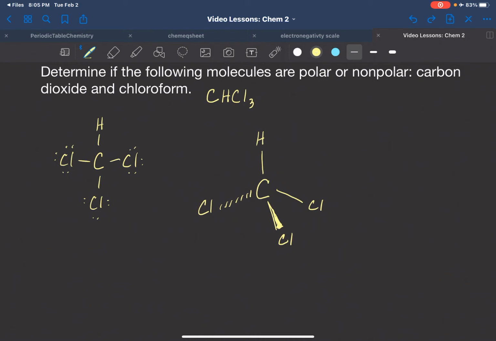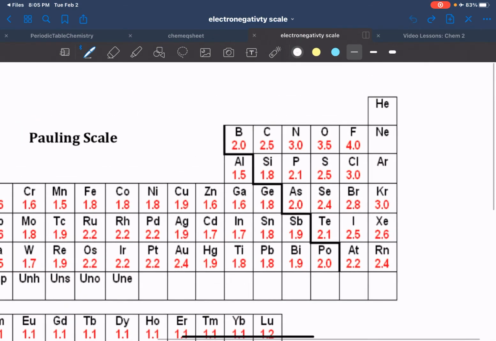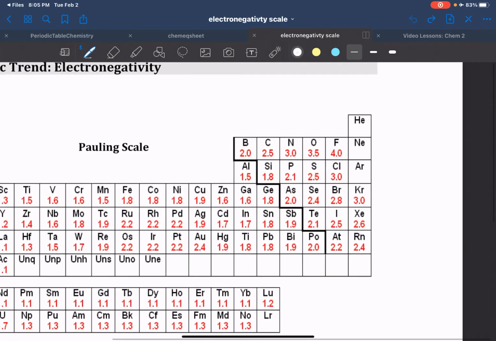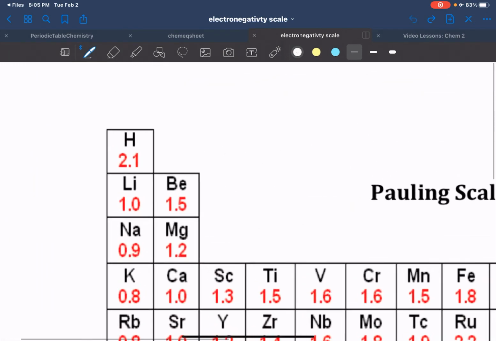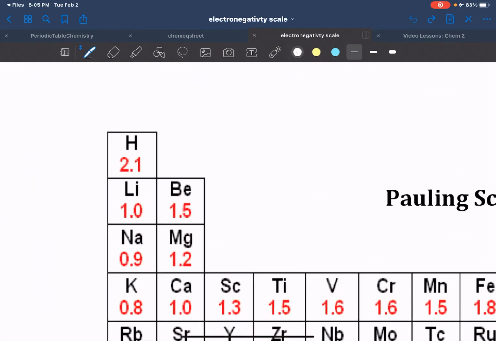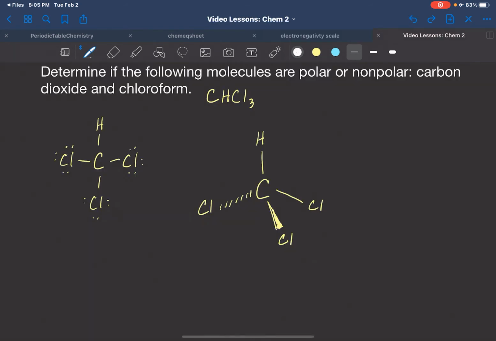So let's get rid of that. So let's go back to our electronegativity scale. We can see carbon, right? Carbon has 2.5. Chlorine is 3.0. And then we can see over here, hydrogen 2.1. All right, so we've got 2.1 for hydrogen.